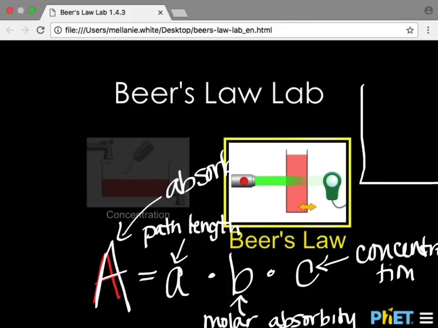Concentration would be my x-axis. If I take something and dilute it, say 5 dilutions, and I know those dilutions, then I can put each in my spectrophotometer and get the absorbance. So I can graph my concentration against my absorbance.